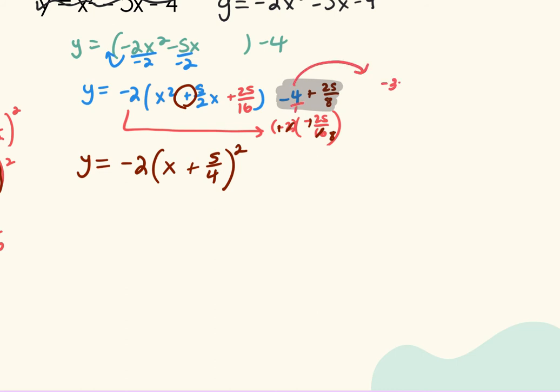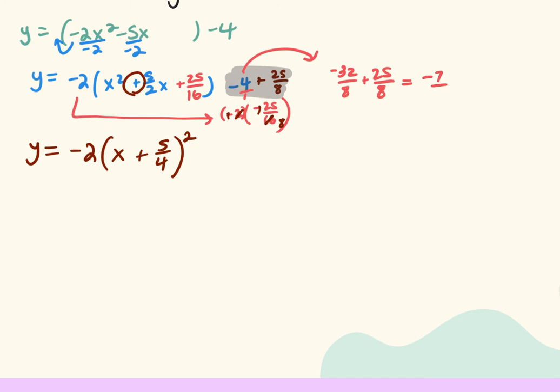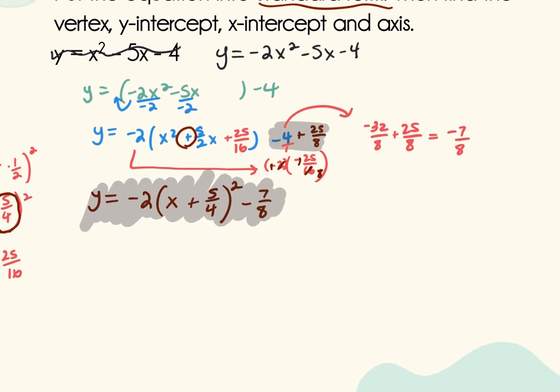So it'd be -32/8 plus 25/8, which is -7/8. And there's the standard form of my equation.